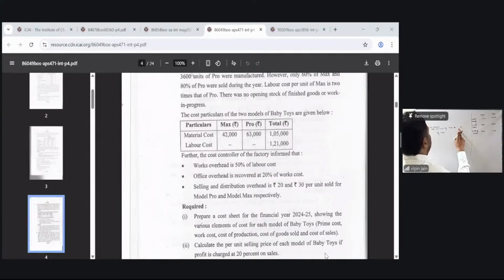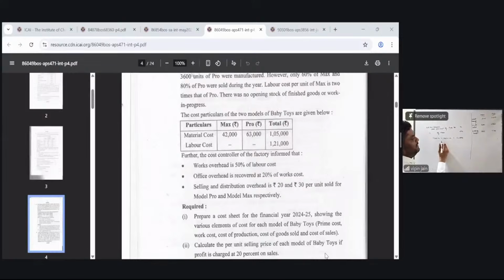So X into 3600 units, the labor cost per unit is X, plus 1500 units into 2x. This should be equal to how much? 1,21,000. That's it.